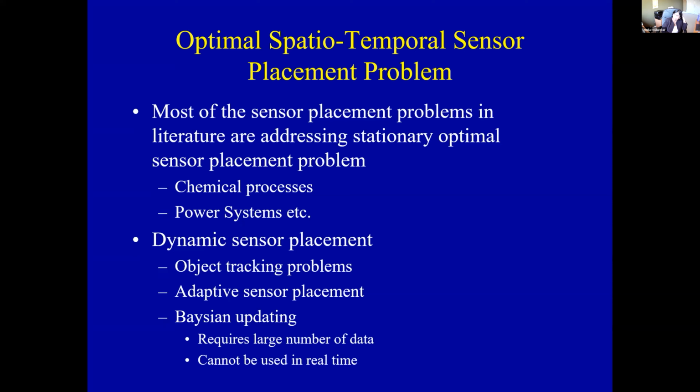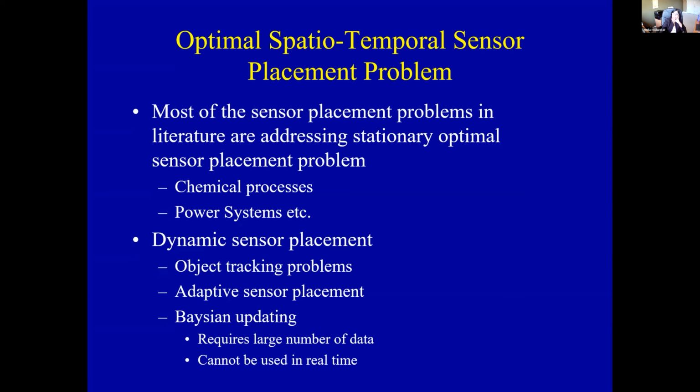In the literature on the dynamic sensor placement problem, there are the object tracking problem and the adaptive sensor problem. Many of them use Bayesian updating, but it needs a large amount of data and cannot be used in real time. So with BONUS, we can use it in real time.